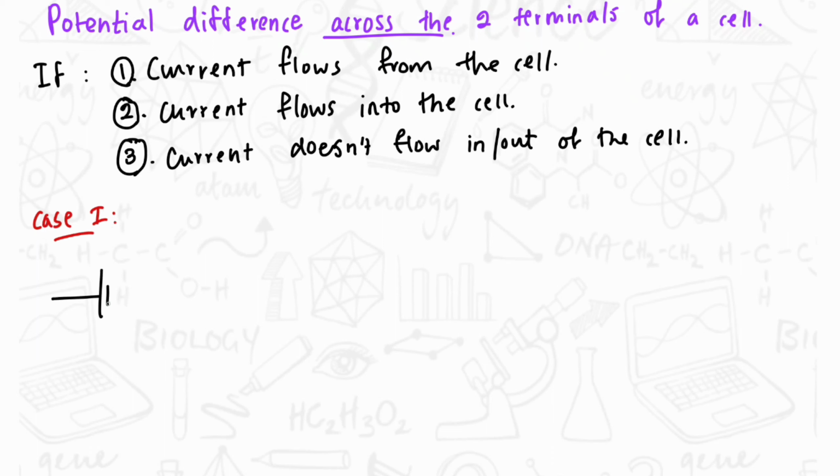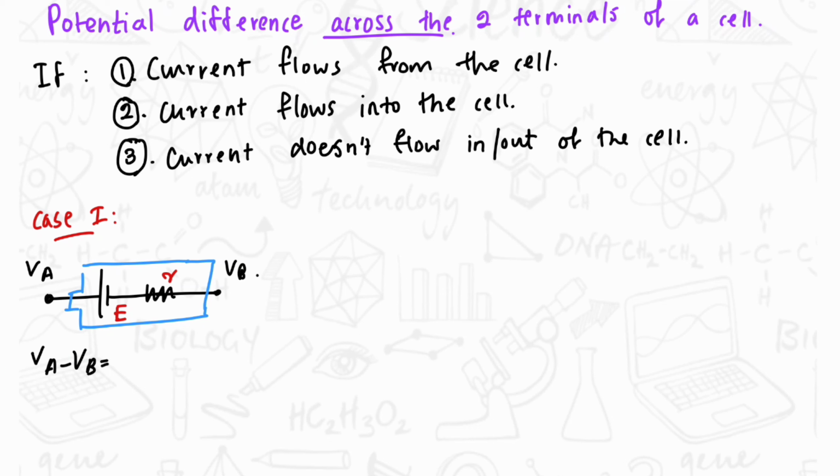Here I'll be drawing the diagram of the cell, and it has an internal resistance as well. Let's say the internal resistance is R and the electromotive force is E. We have to find VA minus VB.